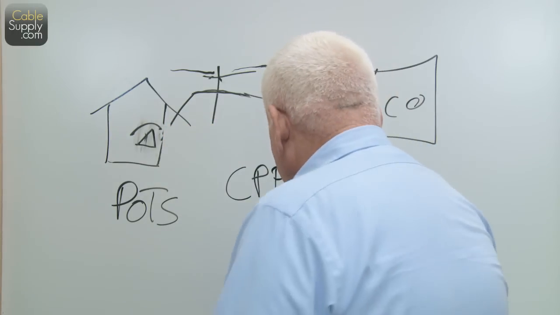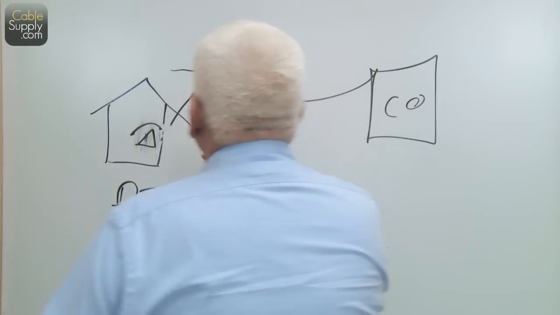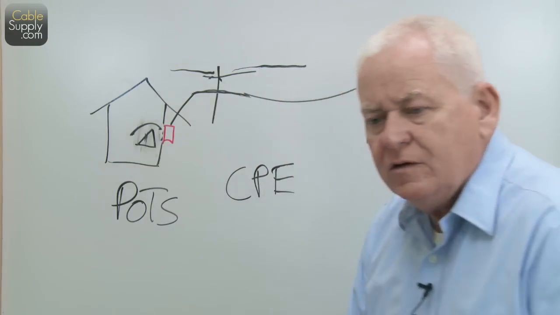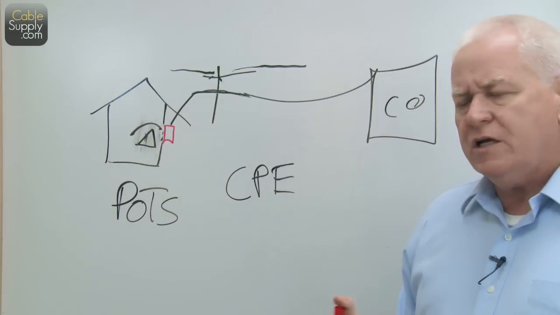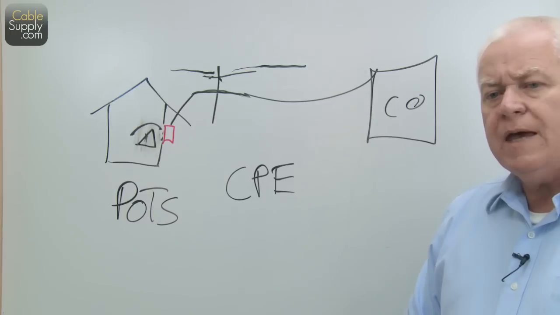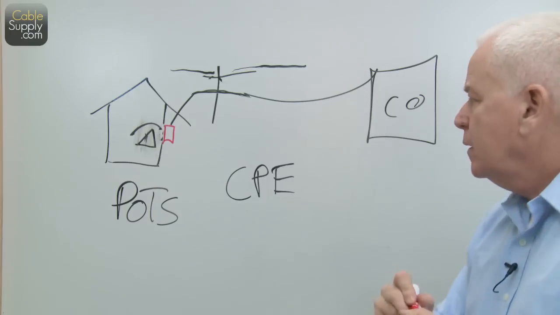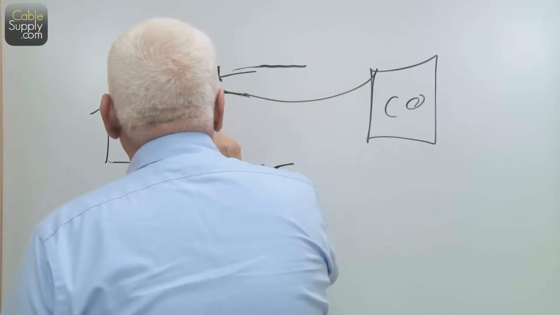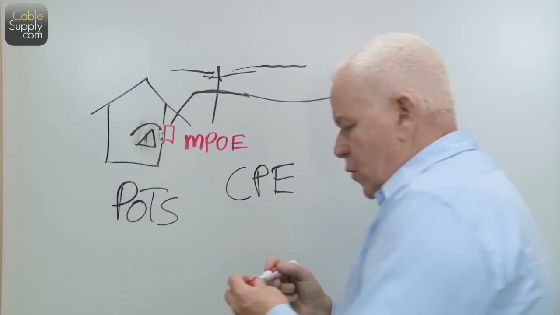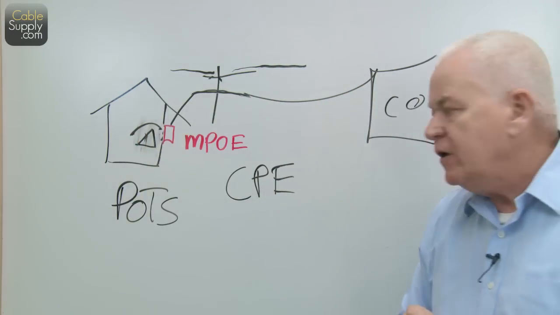Right on the side of the house here, there's a little connection, and you're going to see this in every building: some sort of connection to the phone company. This little connection is called the MPO, the minimum point of entry.